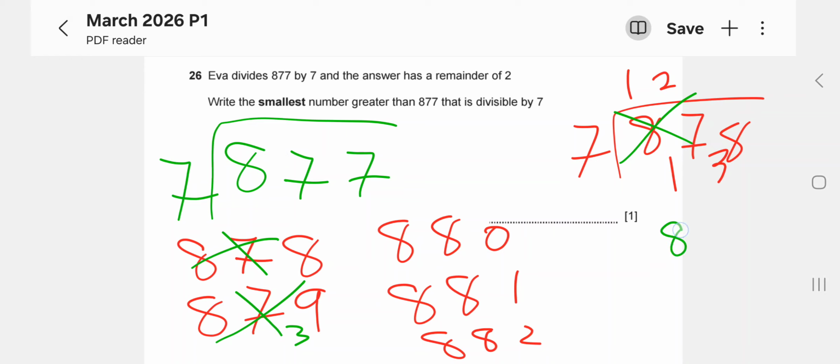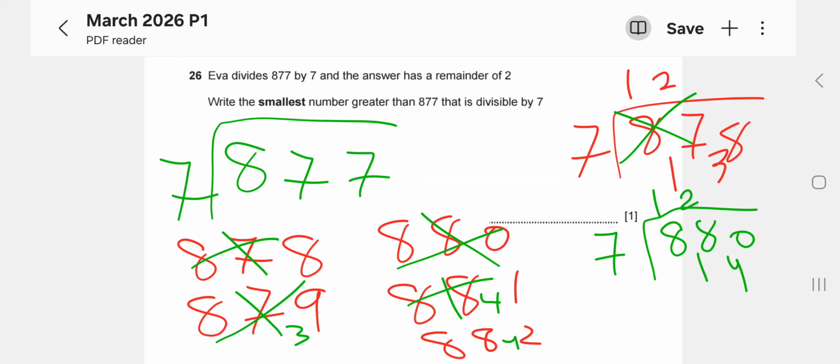Let's try 880. 88 divided by 7. 1 times 7 is 7. 18 divided by 7 also will be 2, and the remainder is 4. So 40 is not in table 7, so not correct. What about 41? Is not. 42, yes, it's there.